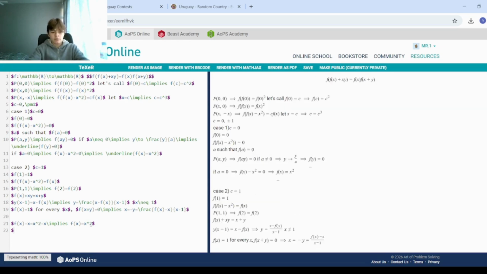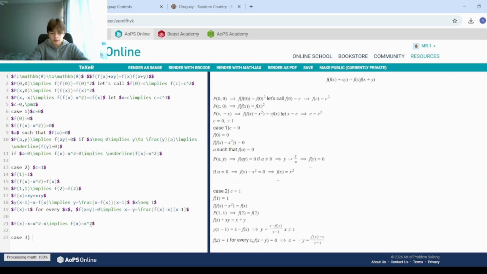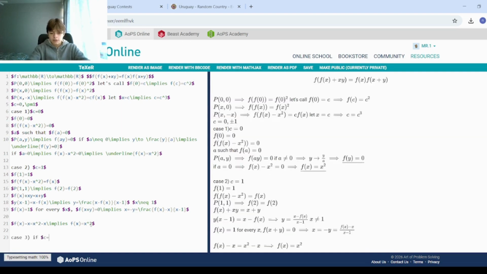And now we have the last case, case 3, if c is equal to minus 1.